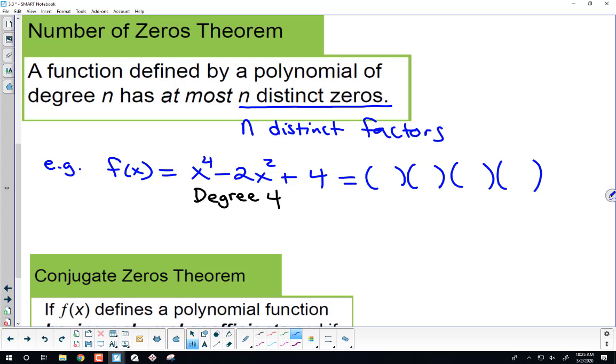Now, some of those factors could be the same. If two were the same, we would just write it as one thing squared. But you have to know this really is 2 factors because it's to the 2nd power. That's something we can use as a quick check. If you're factoring something and you only have 3 factors, you say, I've not completed that. I need to find that 4th factor.